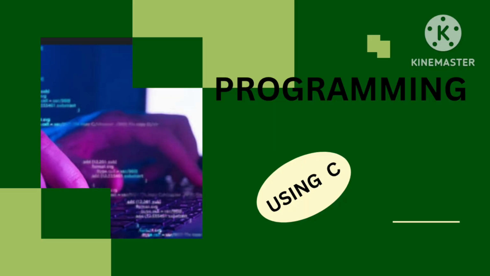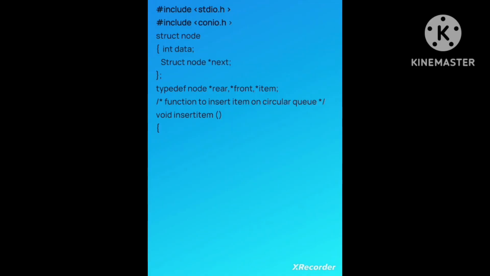Now let us understand the C programming of insertion operation of circular queue. So in this we will first check for the queue to be full. So for that we will use the if loop and we will check the condition that if rear and front are equal and also they are not equal to null.